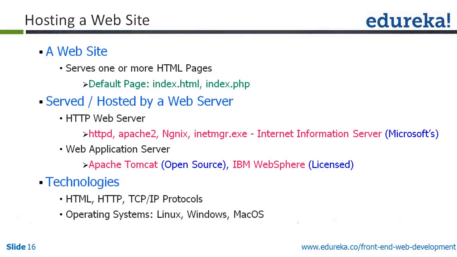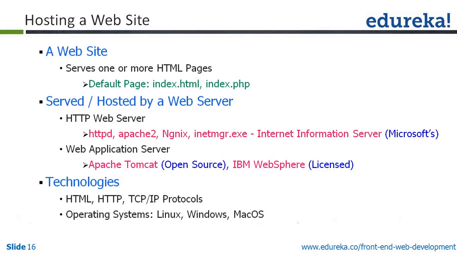So for hosting a website or for sending that web page to a remote user, you need multiple technologies like HTML, which is hypertext markup language, HTTP, hypertext transfer protocol, and TCP/IP, which is transmission control protocol and internet protocol.